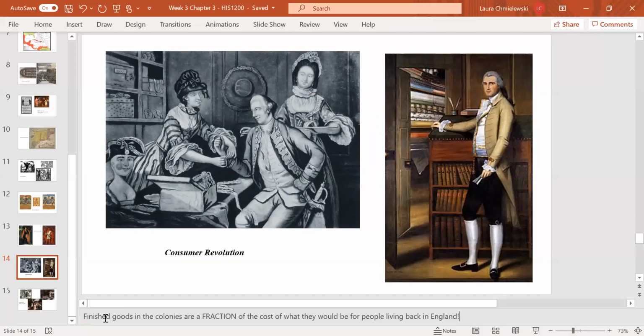But the English back in England are full English subject citizens. American colonists might look like they're doing very well as English men and women, but they're living in the colonies and they are treated differently because they're living in the colonies.